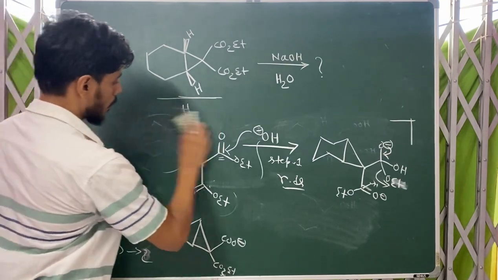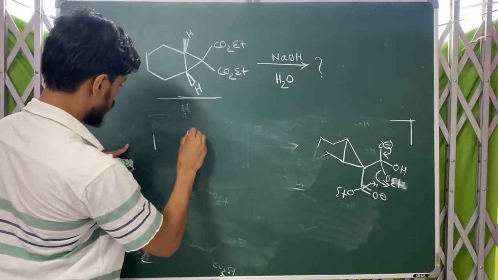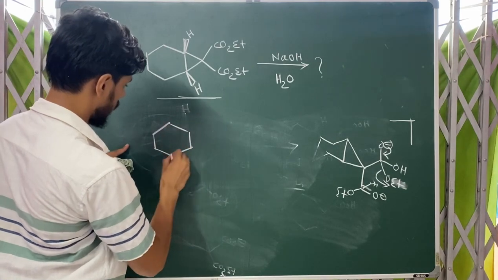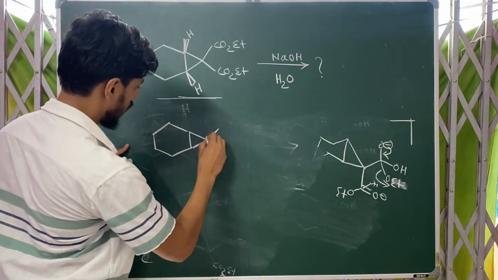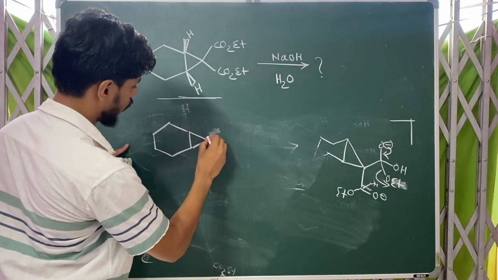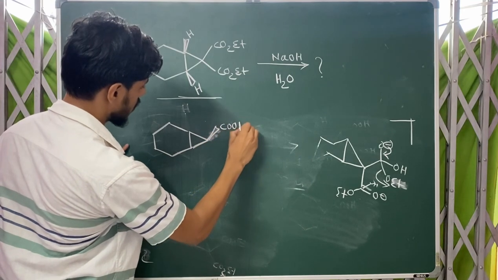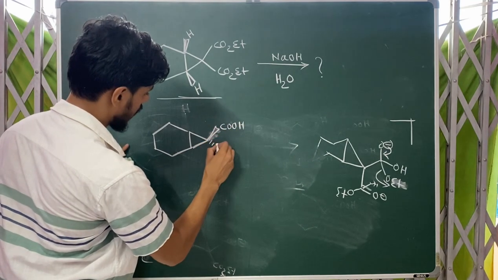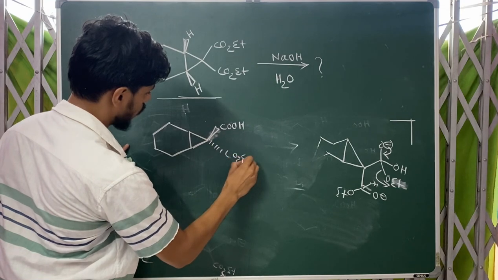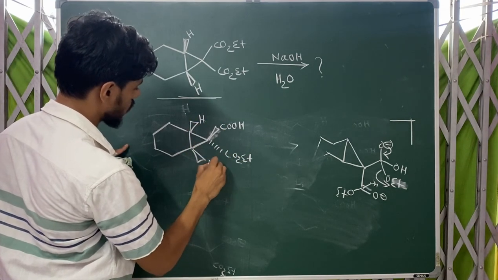So our correct answer would be this product. Here only one group will be hydrolyzed. The group which is above the plane would be hydrolyzed to COOH, and here you have CO2Et. So selective ester hydrolysis will occur.